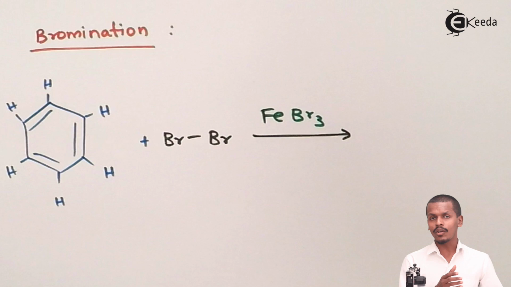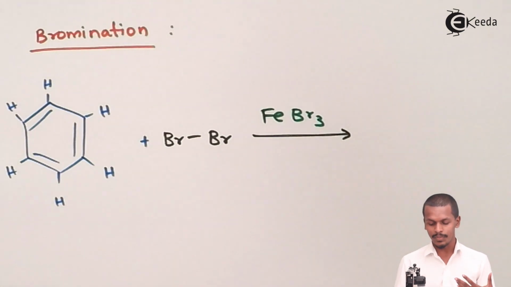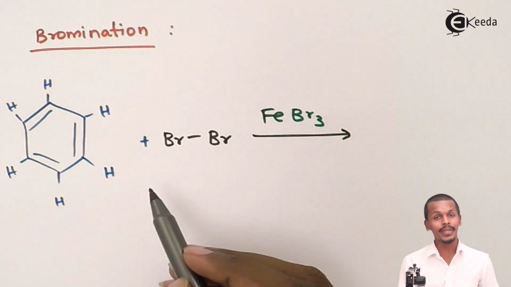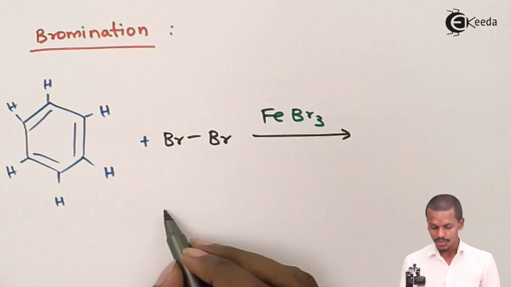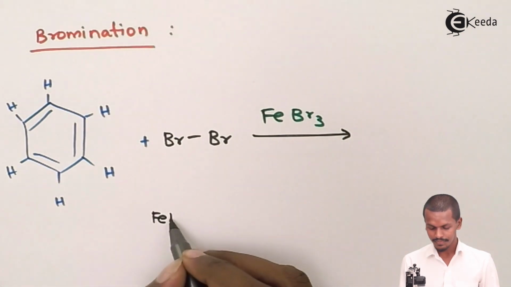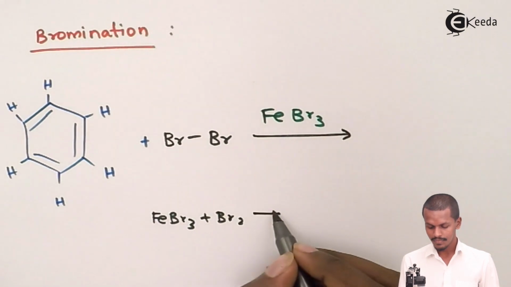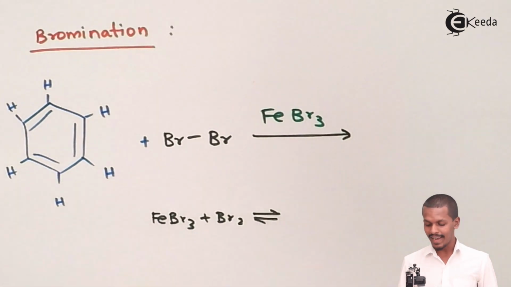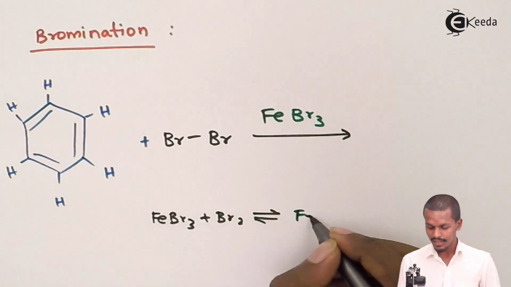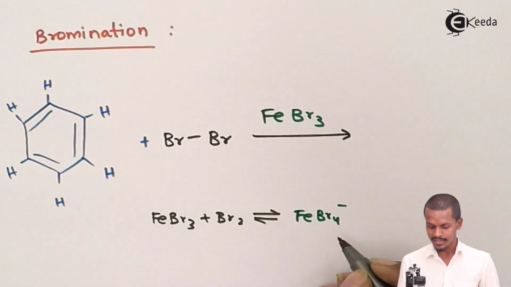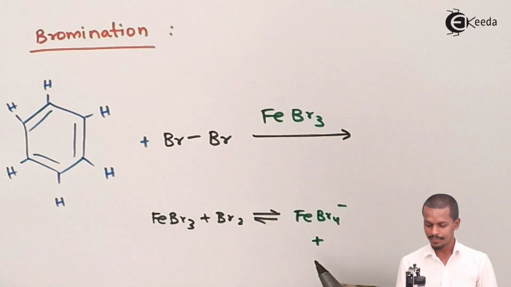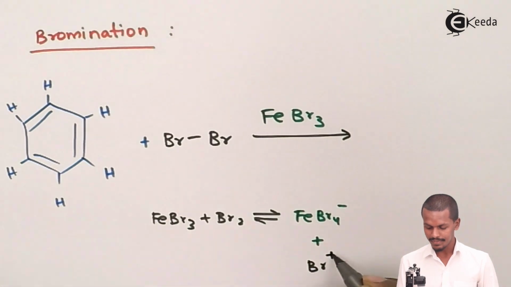It will be similar to the chlorination process, in which FeBr3 reacts with Br2 so as to form a nucleophile, and that nucleophile is nothing but FeBr4 minus, plus Br plus.